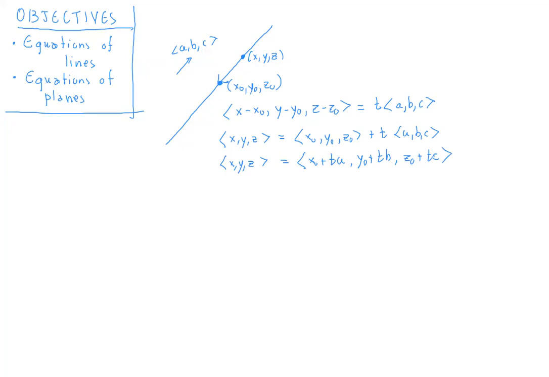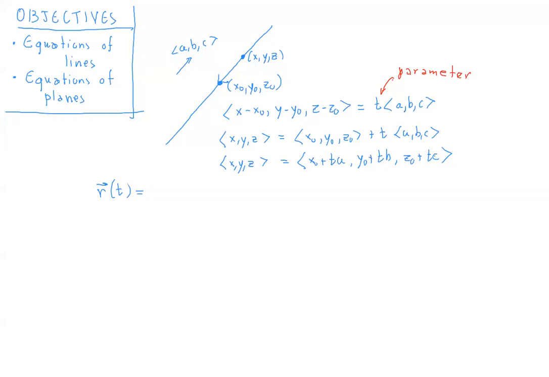I think in most cases, it's more common to actually put the variable t, which in this case we refer to as our parameter, after the numbers ABC. So in general, the way that we can express this is that the line is obtained by using the following vector valued equation.